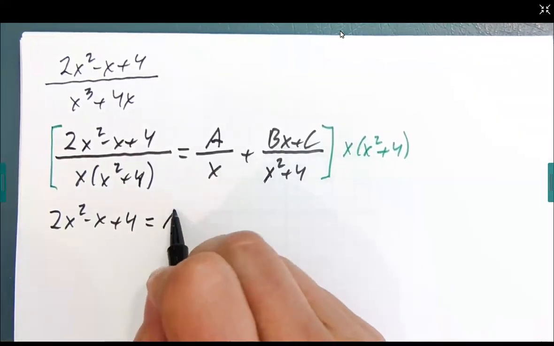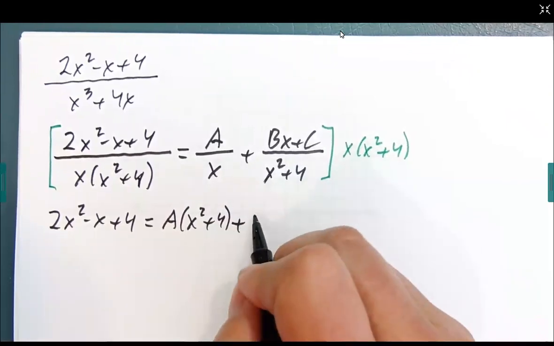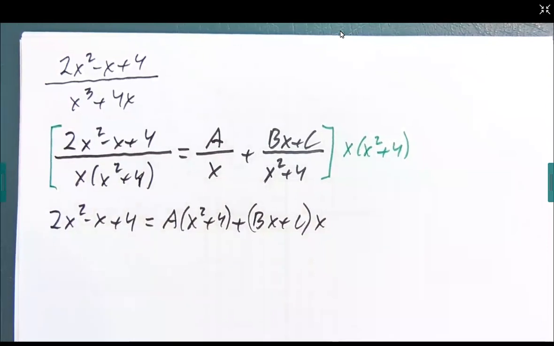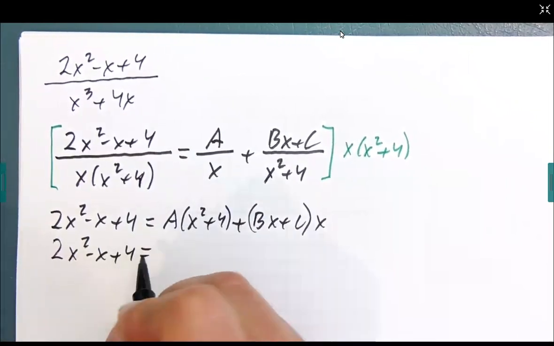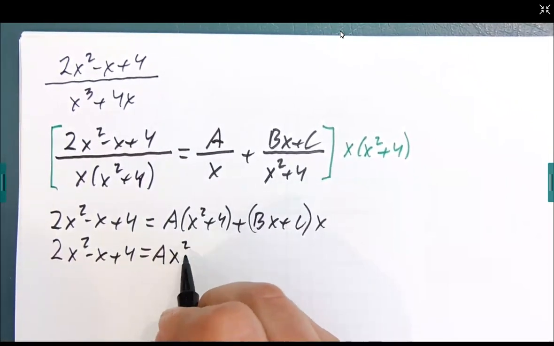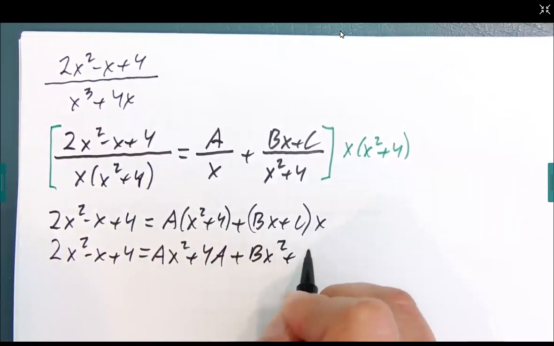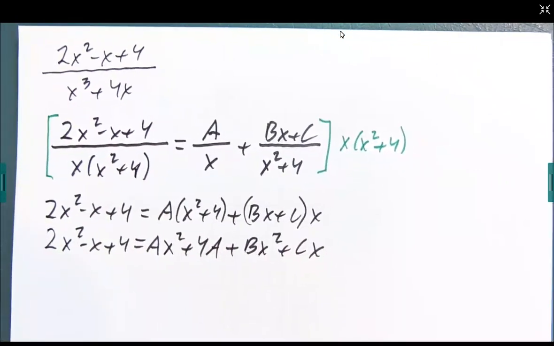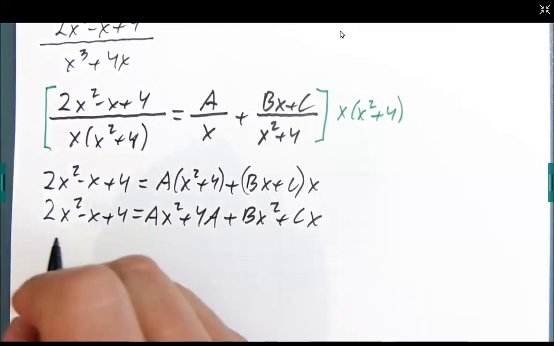Equals a times x squared plus 4 plus bx plus c times x. And now I'm going to rearrange these so that I get the x squareds together, the x's together, and the constants together.